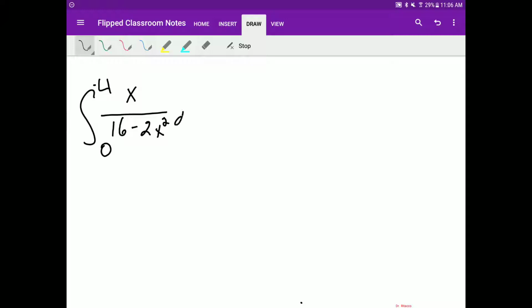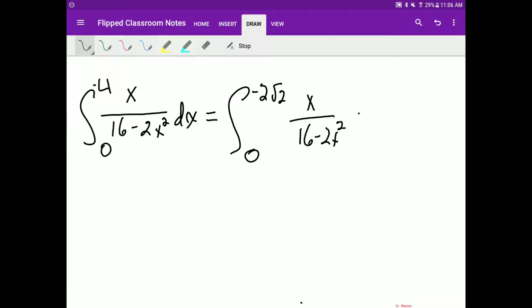dx. Now we said we're going to have to break this up into two integrals. The integral from 0 to -2 square root 2 of x over 16 minus 2x squared, plus the integral from -2 square root 2 to -4 of x over 16 minus 2x squared dx.